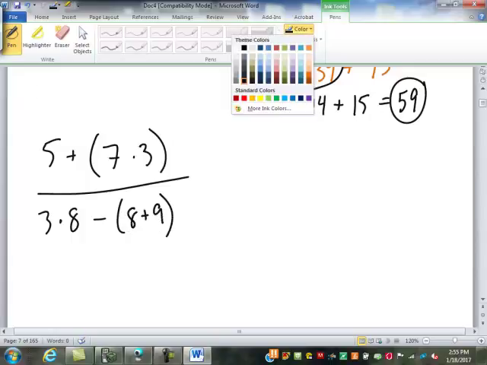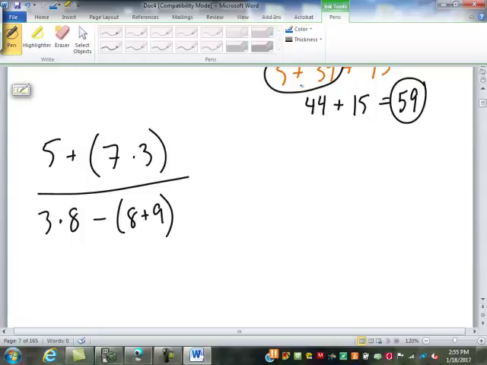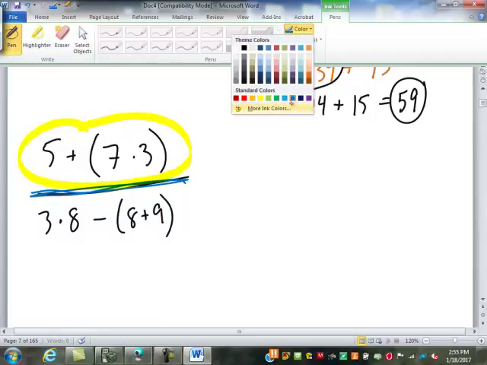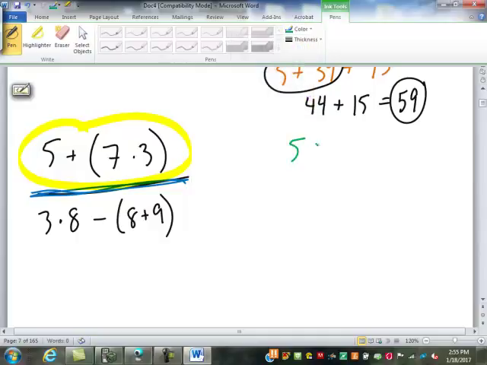So looking at this one, there are several enclosing symbols. The first enclosing symbol that we see is the fraction bar. That's telling us we have to do everything on top first. So let's go ahead and do that. So we've got the 5 plus 7 times 3.